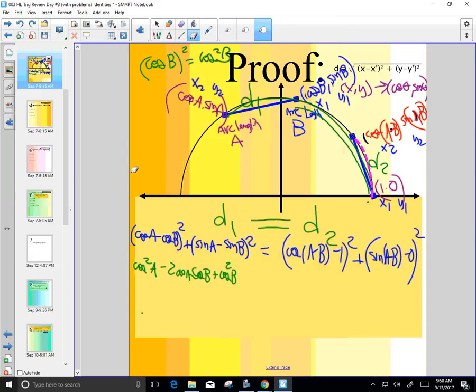Keep going across here. I'm going to use a different color this time because I think it helps. This will be sine squared A minus 1 sine A sine B, another sine A sine B, so it'll be minus 2 sine A sine B. And then it'll be plus sine squared B. Running into a little room problems.